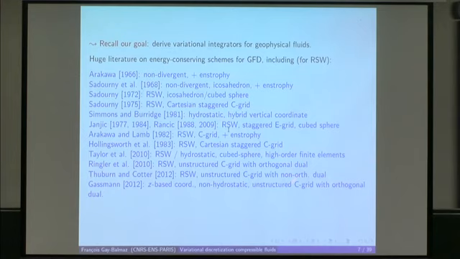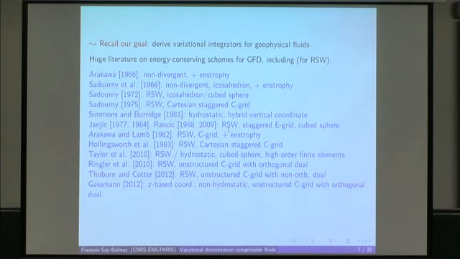So coming back to the problem that we consider in this talk, there has been a lot of effort to try to discretize equations of geophysical fluid dynamics by preserving as much as possible the energy, for example, or the Casimir. You have here a list of works, but there are much more.